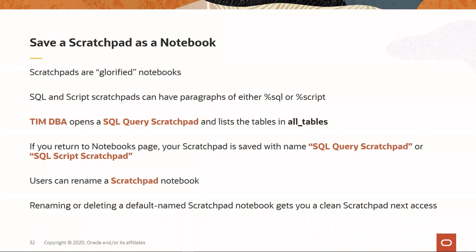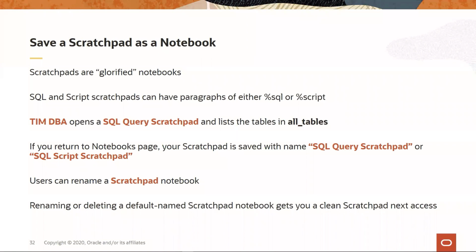Saving a ScratchPad as a notebook. So what's the ScratchPad? Well, the ScratchPad is really just a glorified notebook, nothing more. So you can click on that and it will take you to a paragraph that already has %SQL if you connect to the SQL query ScratchPad, or a %script if you are connecting to the SQL script ScratchPad.